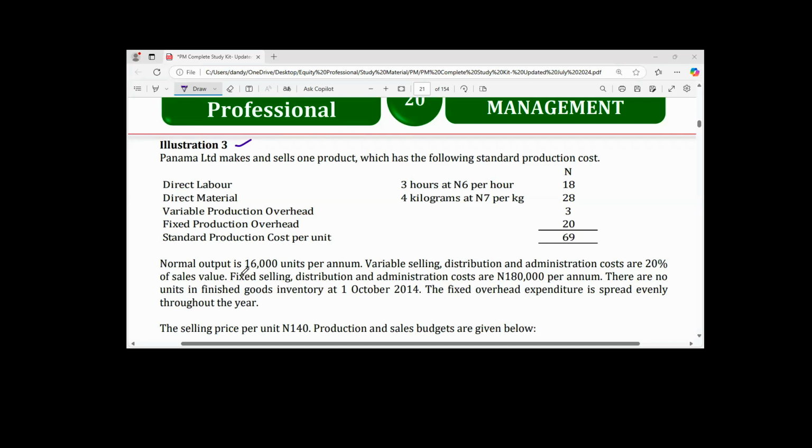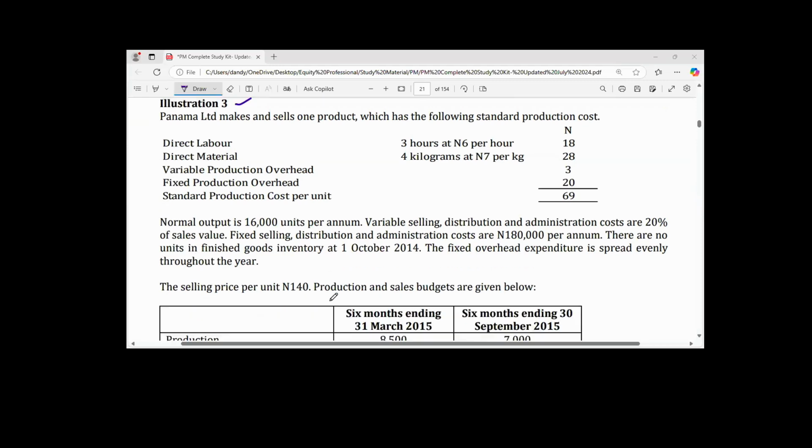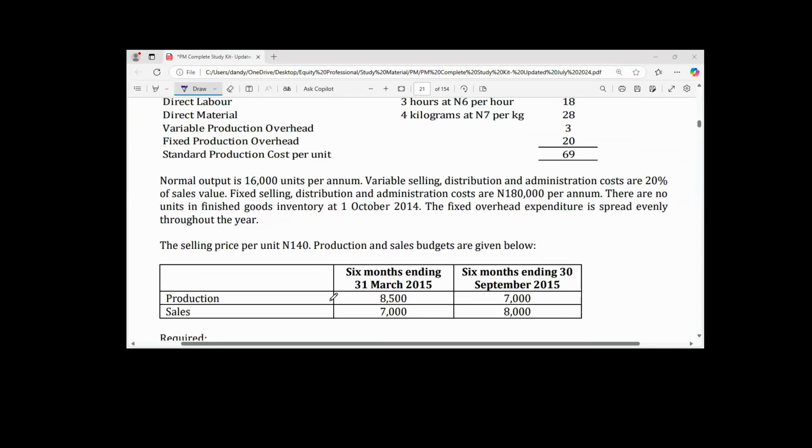Fixed selling, distribution, and administration costs are 180,000 per annum. There are no units in finished goods inventory on 1st October 2021. The fixed overhead expenditure is spread evenly throughout the year. The selling price per unit is 140 naira.